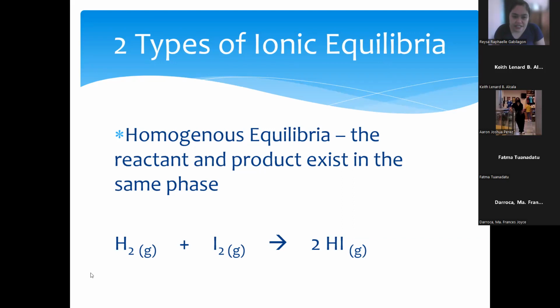So we have here an example: hydrogen plus iodine yielding 2 moles of hydroiodic acid or hydrogen iodide. Now let's look at all of their phases. All of them, class, are gases. From the reactants to the product, they have the same phase. So this is what we call homogeneous equilibria.